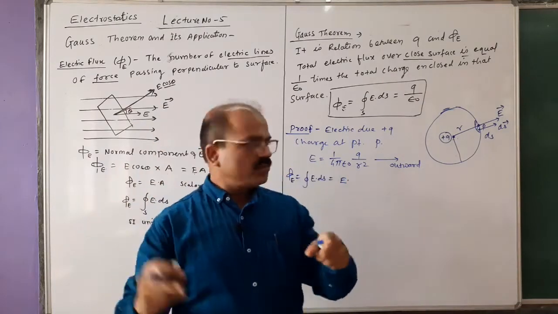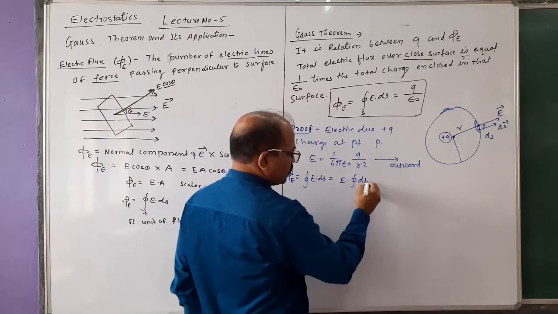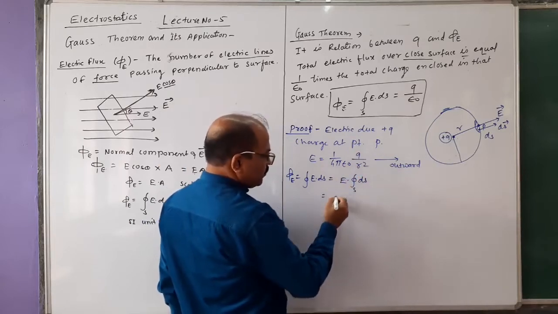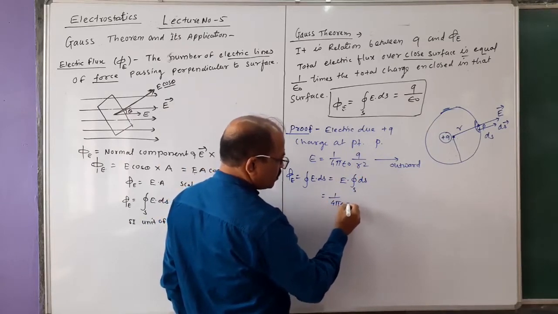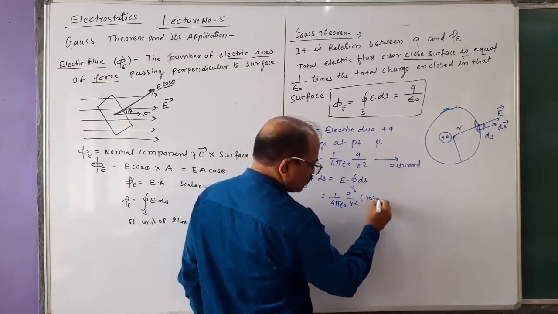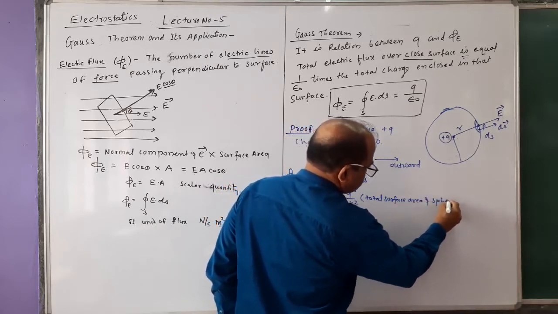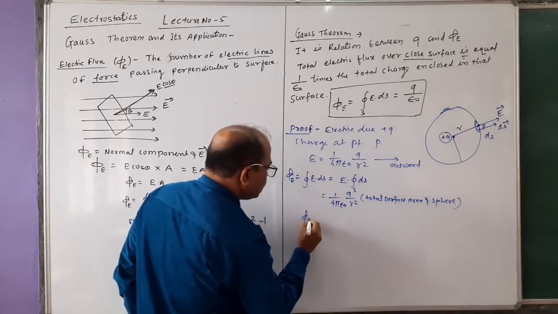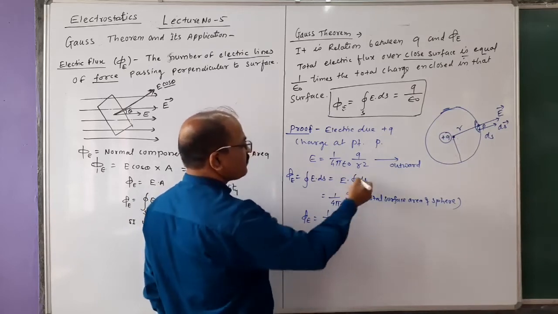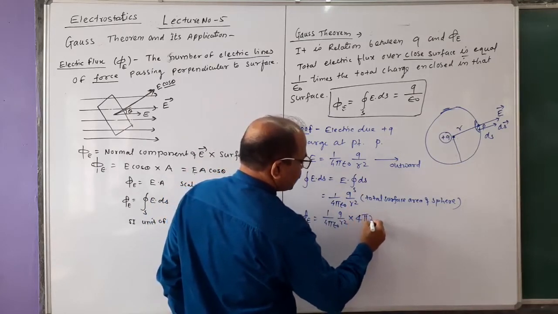The electric field over the whole curved surface remains constant, so we take it outside the integral, and the integral of dS over the surface gives the total surface area of the sphere. We substitute the value of E, 1 divided by 4 pi epsilon naught, Q divided by r square, and for the integral we write the surface area of the sphere, 4 pi r square.